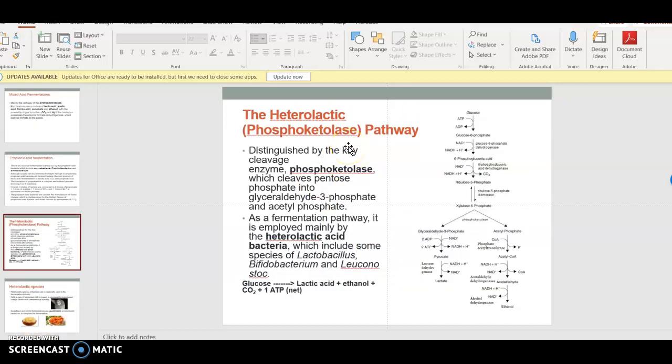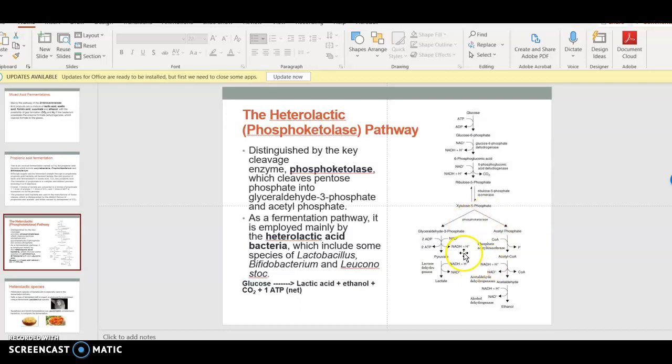So this one is the heterolactic or phosphoketolase pathway, okay, in certain bacteria. As you can see from this one, they produce different kinds of intermediates. Okay, and in this process, the cleaving into 3 molecules of carbon from glucose undergoes a specific process called phosphoketolase, compared to the normal ones.